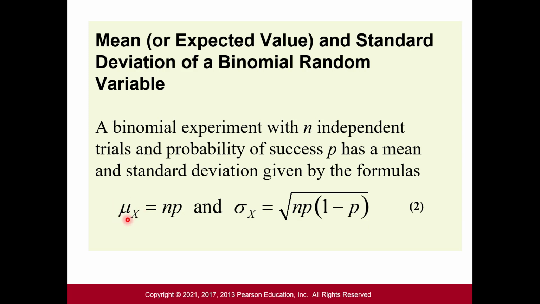That's a notation for it. And the calculation is just n times p. And then the standard deviation of our random variable, sigma sub x, is square root of n times p, and then you multiply that times 1 minus p, or the complement of p. So pretty simplified formulas for the mean and the standard deviation when it comes to the binomial random variable, as opposed to other formulas we've seen in the past for mean and standard deviation.